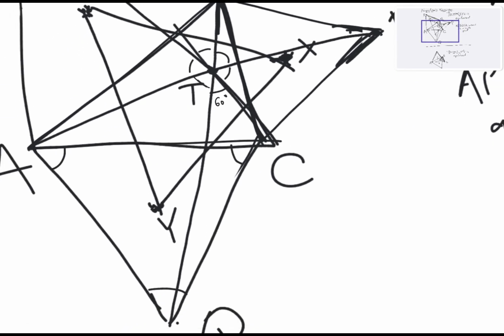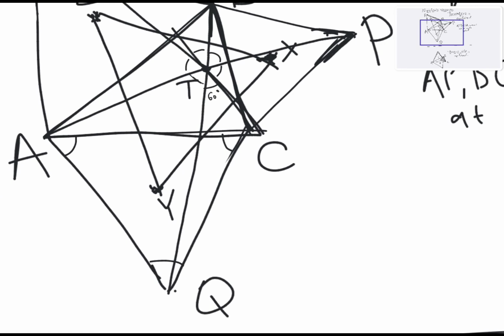And it immediately follows from this, but we also proved before that the quadrilaterals consisting of these equilateral triangles plus this intersection point T are all cyclic.